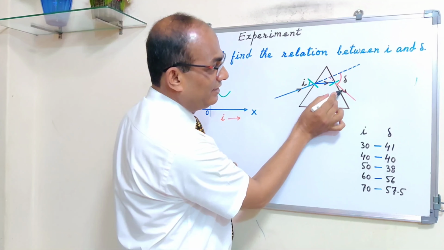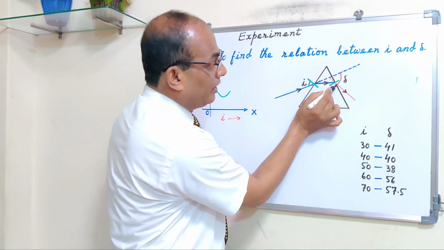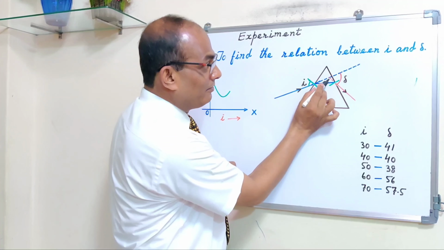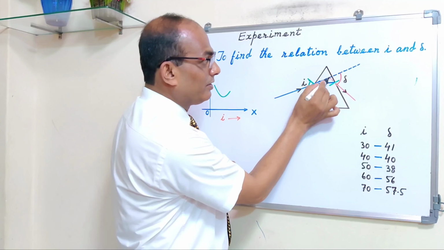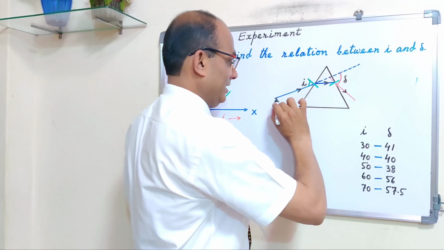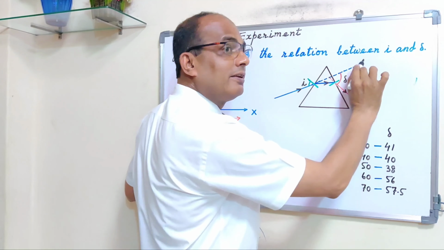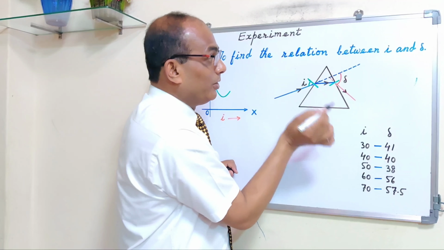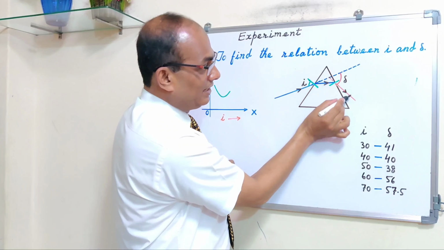See, now it is traveling like this. If you extend this in the backward direction, it appears to come from somewhere here. So the actual path of the ray would have been this, when there had not been this prism. Because of the prism, now it is traveling in this direction.